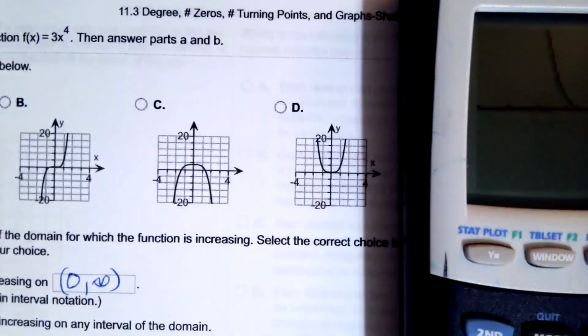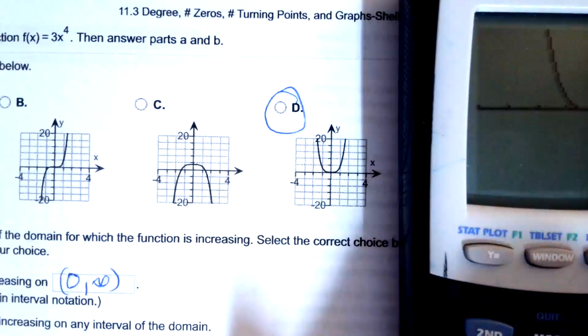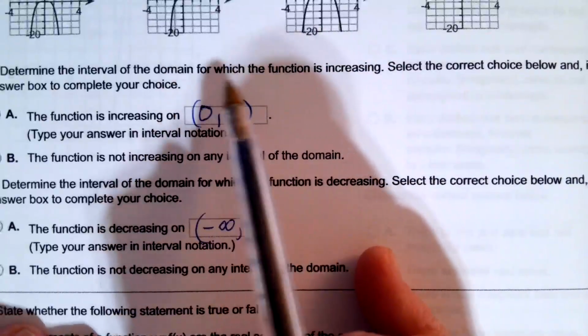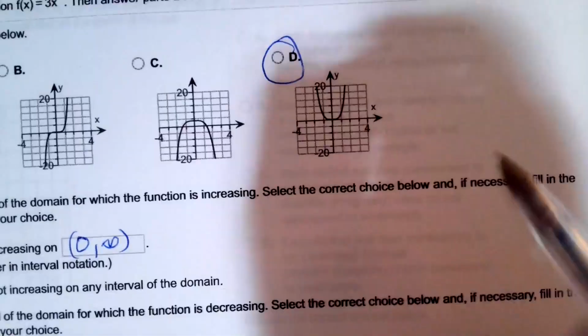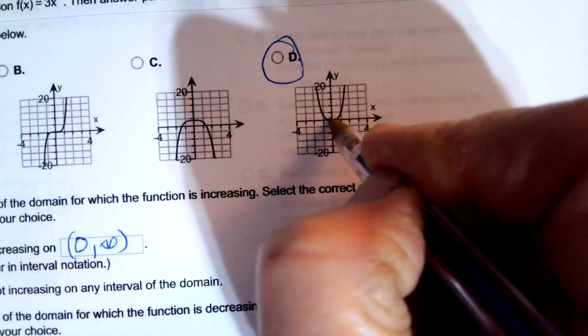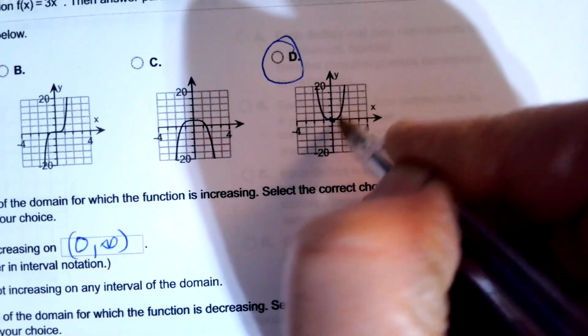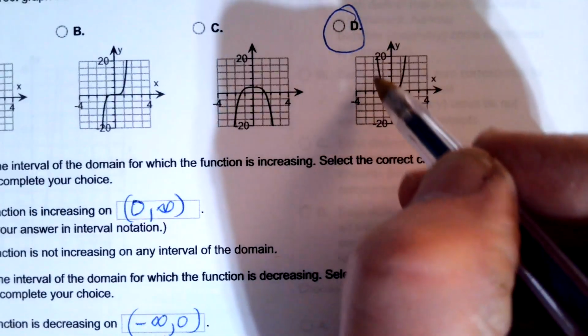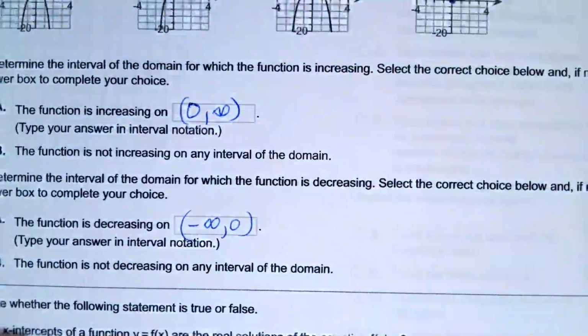There it is. It's answer choice D. And then it goes on to say, determine the interval of the domain for which the function's increasing. It's increasing from 0 to positive infinity. And it's decreasing from negative infinity all the way to 0.